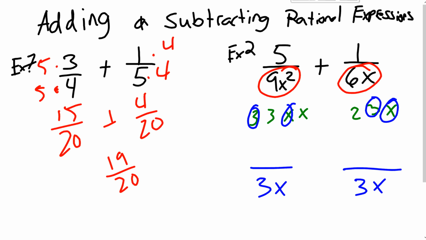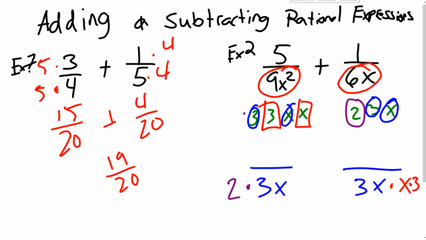Okay, now the thing is, this one has some extra. It has an extra 3 and an extra x. So this only has 1 x. So this one on the right side needs another x. So I need to multiply that by another x. And it also is missing a second 3. So I need to multiply it by another 3 as well. And then the one on the right has a 2, and this one on the left does not have a 2.